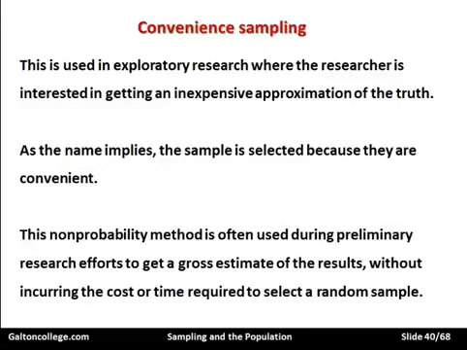So sometimes it's used at the very start of a research activity to try and gauge roughly what the population size is, or roughly what the different strata in the population are. So it's normally some rough estimates at the very start of a research program to try and work out population characteristics.